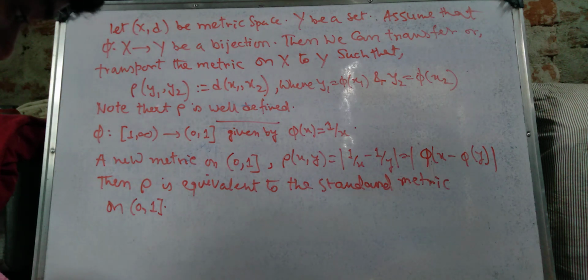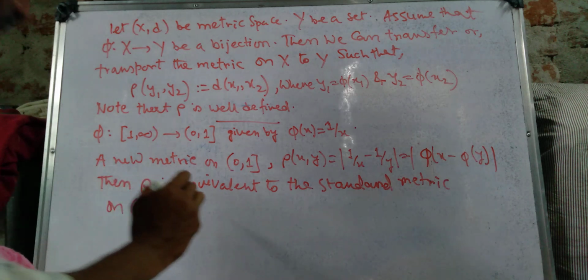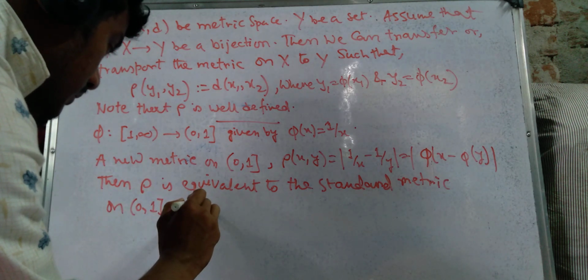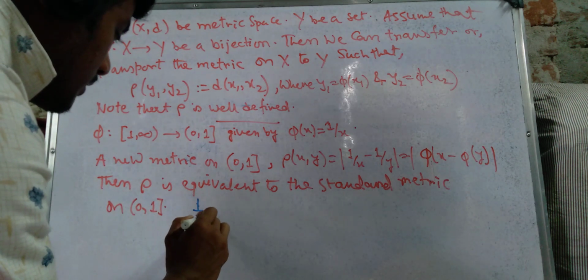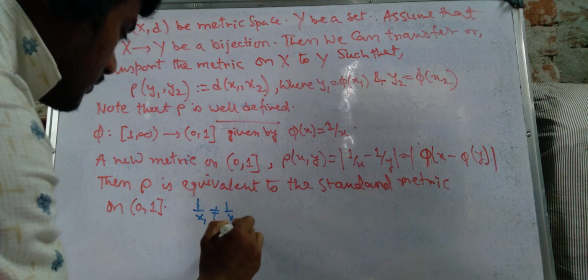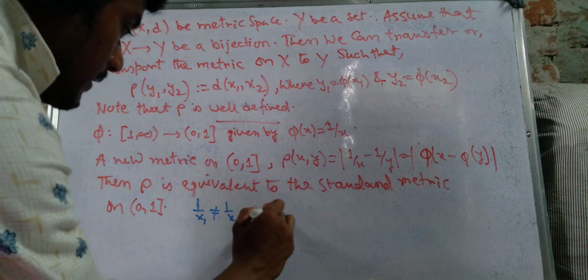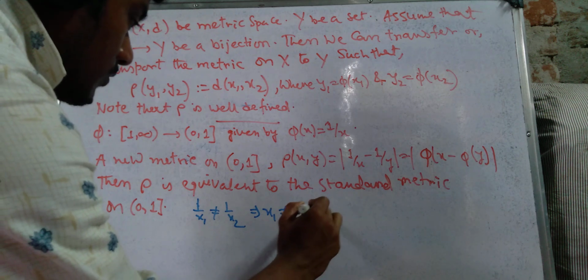then we talk about that phi: if 1 by x1 not equal to 1 by x2 implies that x1 not equal to x2.